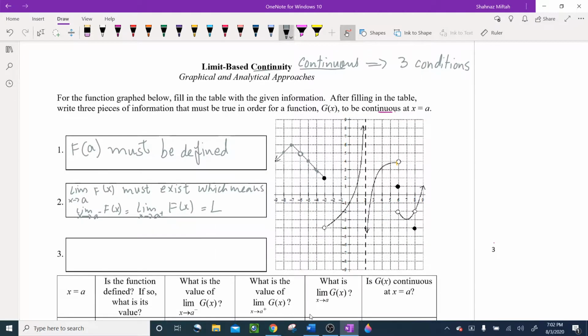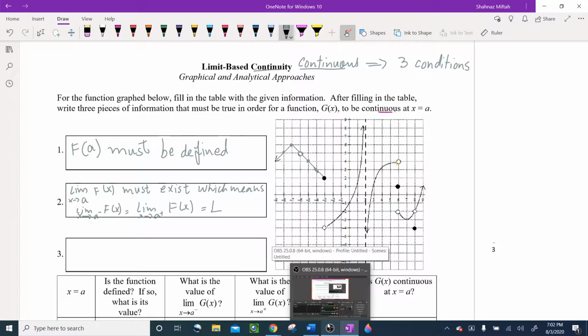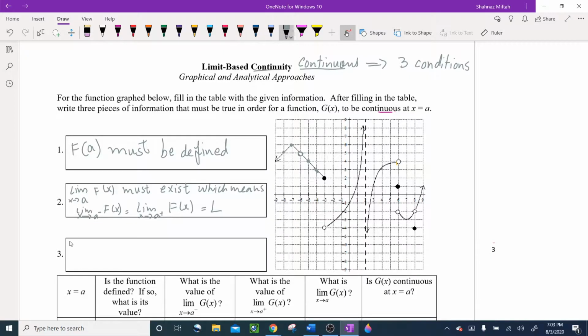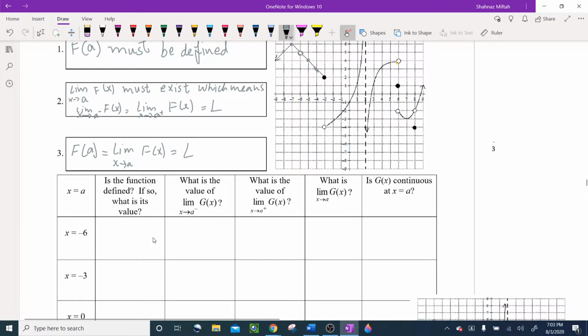In this case, I'm just going to say L. Okay. So, third condition that we have, this f of a, the point right here, the defined point, whatever the y value for that is, is supposed to be equal to limit x approaches a of f of x, and both of these are supposed to be equal to the same y value. These three conditions will make more sense once we do these questions right here.